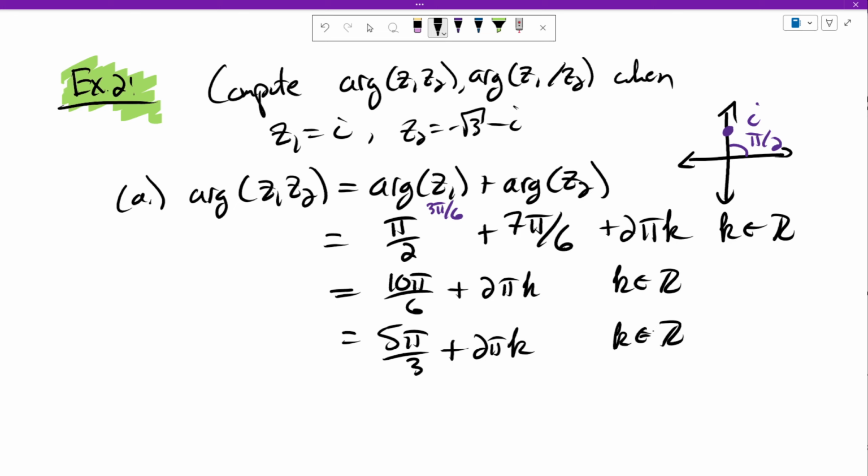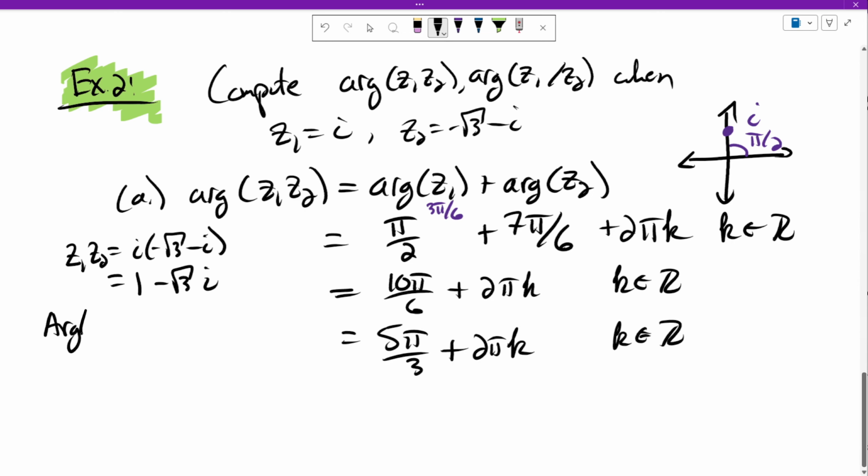Let me also point out that in this case, z1 z2 is i times negative root 3 minus i. If you do this, this is 1 minus root 3 i. And if you compute the principal argument of z1 z2, provided I can do things in my head appropriately, you're going to get minus pi thirds.